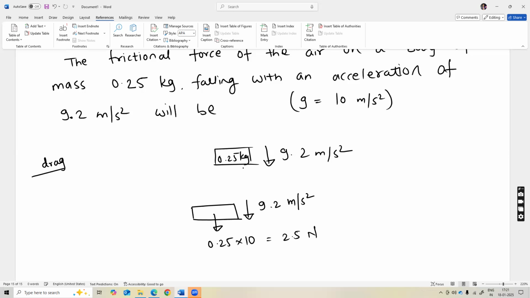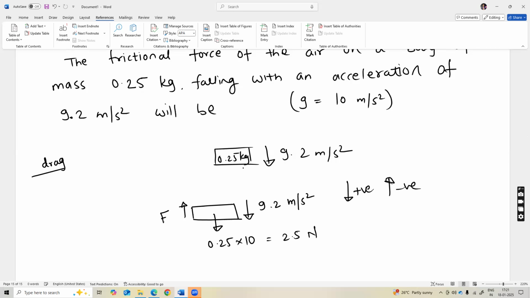Since it is falling downwards, there is a frictional force, let's say F, acting upwards. Using Newton's second law, net force acting on it is equal to mass into acceleration. Since the body is falling down under gravity and acceleration is also in the same direction, we will consider forces acting downwards as positive and forces acting upward as negative.